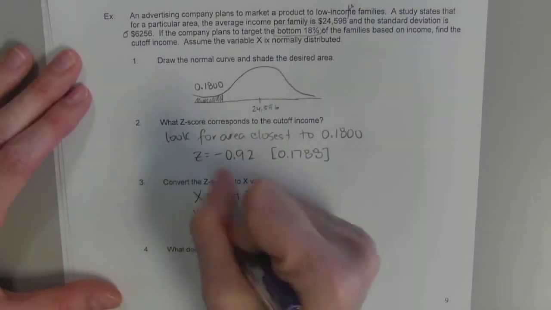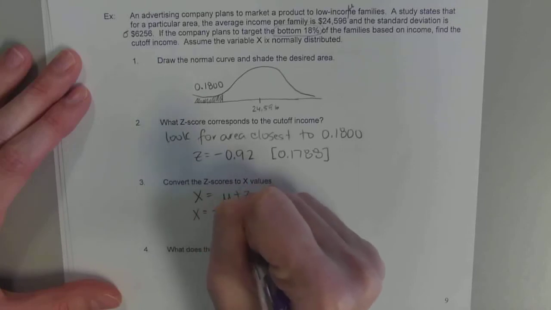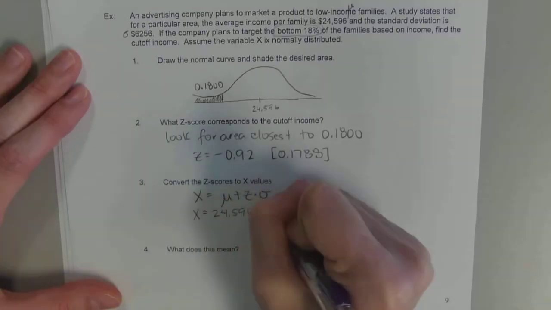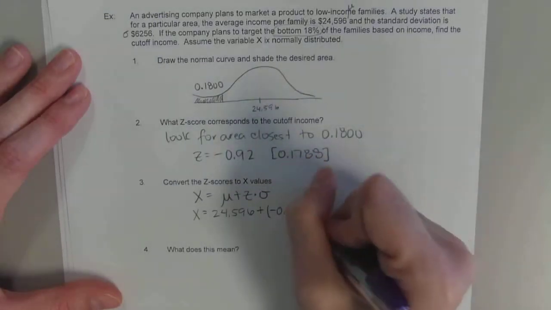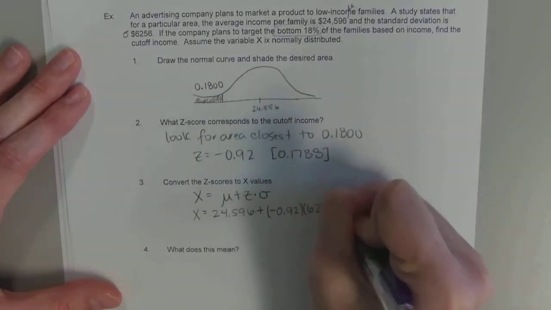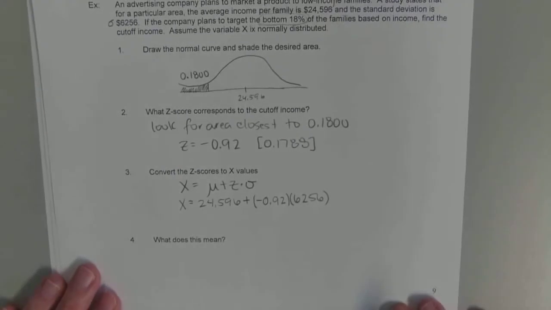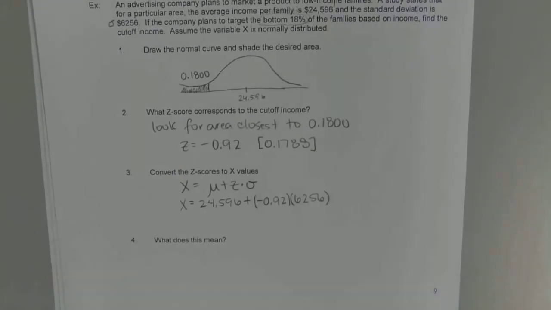So x is going to be mu. What was our mean? 24,596 plus z, which we just found was negative 0.92, times sigma, which was labeled in our problem, 6256. Does everybody see where all those numbers come from? They'll always give you mu and sigma. What you have to find is either the z based on the formula or the z based on the area, okay?